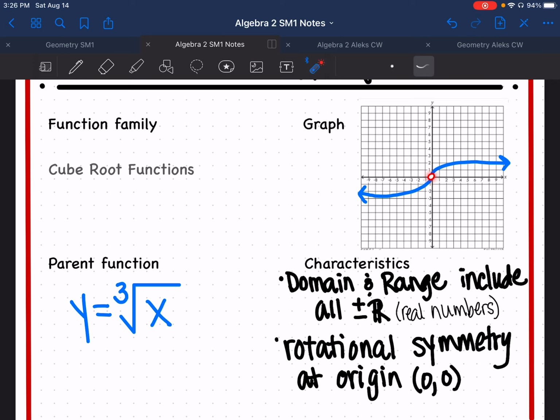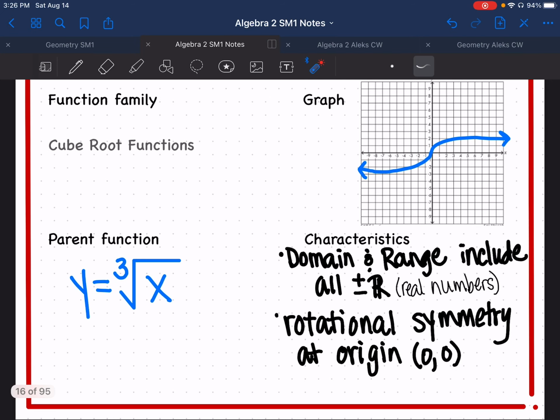So you can kind of see it here, right? The rotation here, the symmetry here to here is the same, but it's a rotational one. So we don't really have an axis of symmetry.